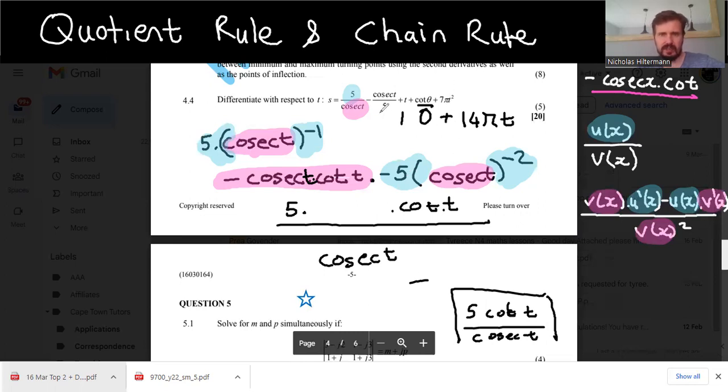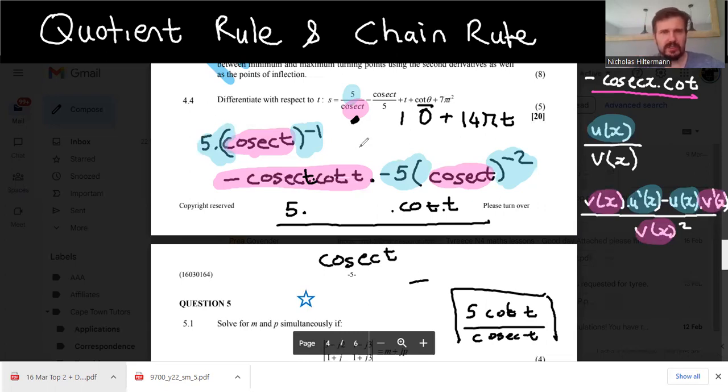Okay, so the answer to this is 5 cot t over cosec t. Sorry, it ended up being plus 1 over 5 cosec t cot t, not working with the x, we're working with t, and then plus 1 plus 0 plus 14 pi t.